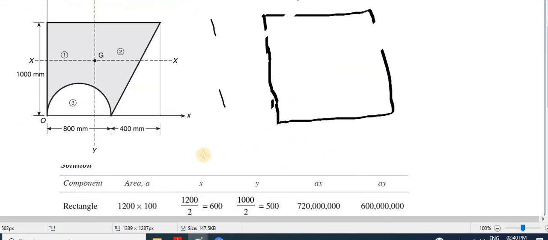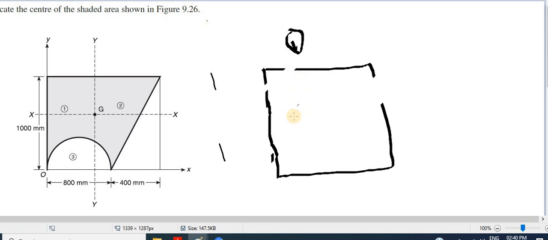The formula for X bar is A1, X1. All X-axis and Y-axis are in the positive direction. If you draw a local axis for the semicircle, it is in the positive axis. Everything is positive, so there is no negative axis problem here.